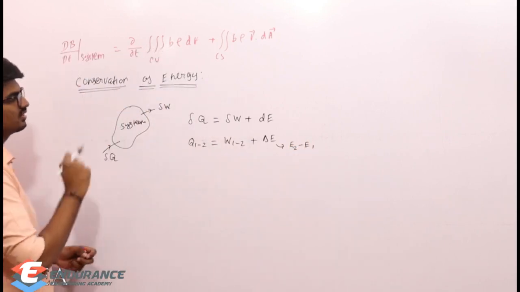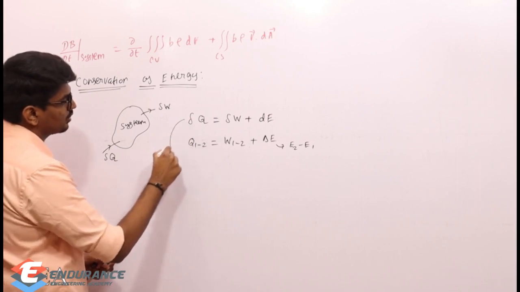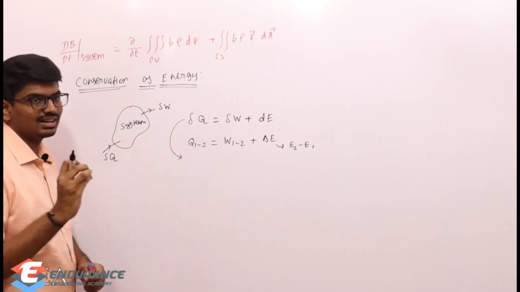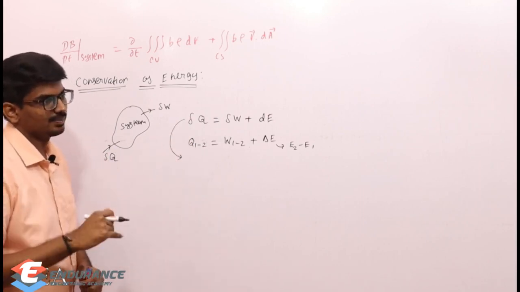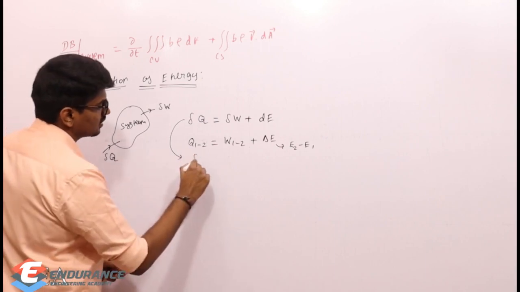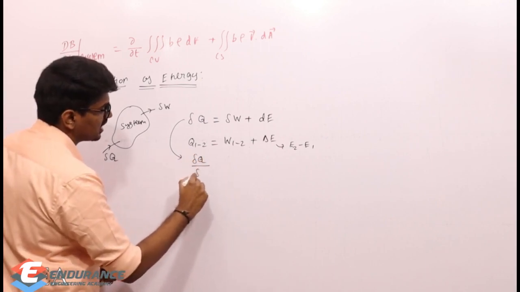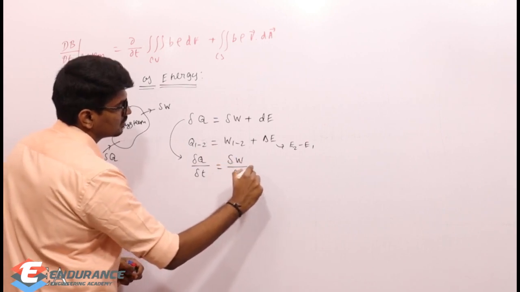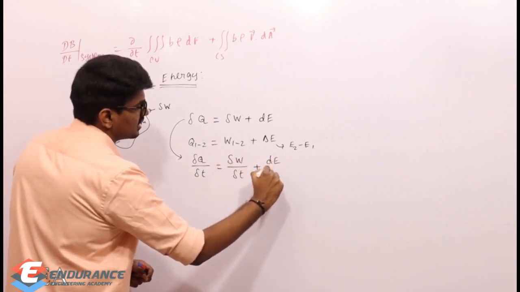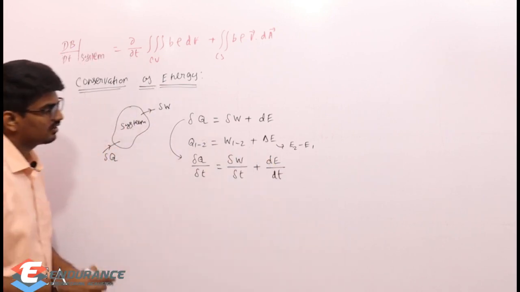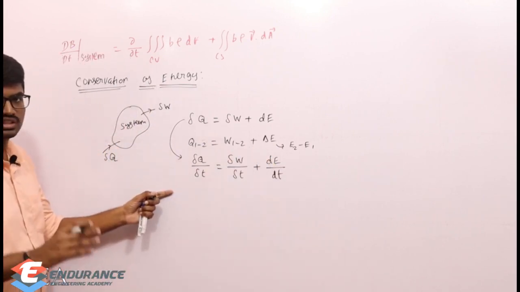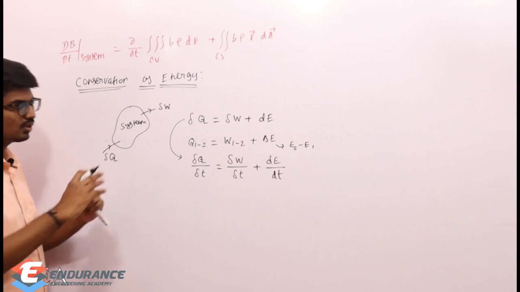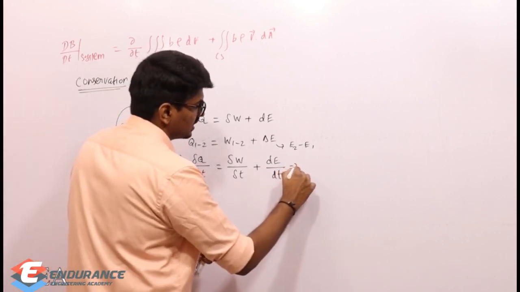But here let us keep the differential form itself, and if I want to use it as a rate per unit time, then it will look something like delta Q by delta T equals delta W by delta T plus dE by dt. We know that this equation is for a system only, or a closed system to be precise.